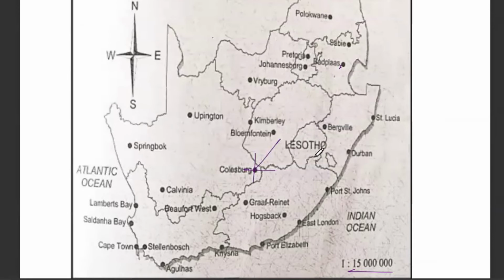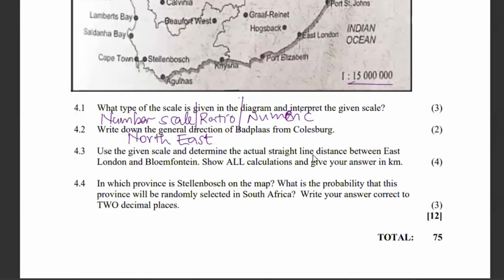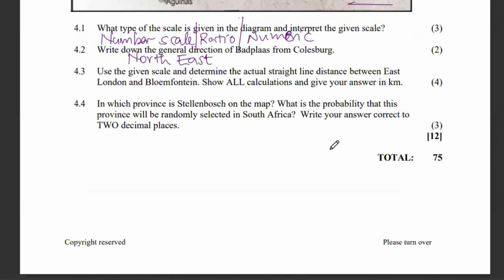I usually measure in millimeters. East London and Bloemfontein. I have 60 millimeters. So how do we change them to actual distance? We shall say 1 is to 15 million.